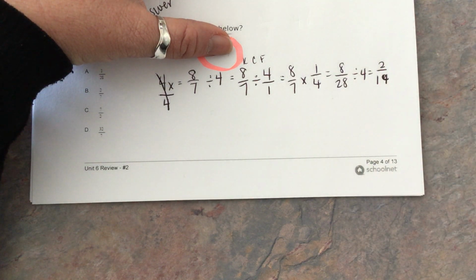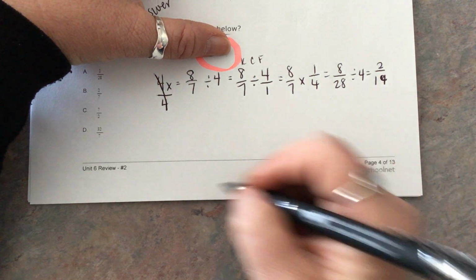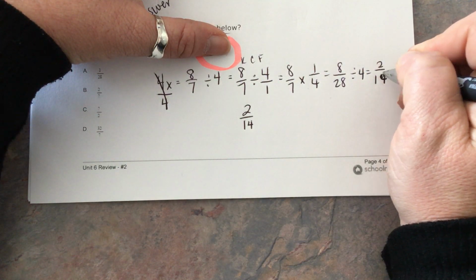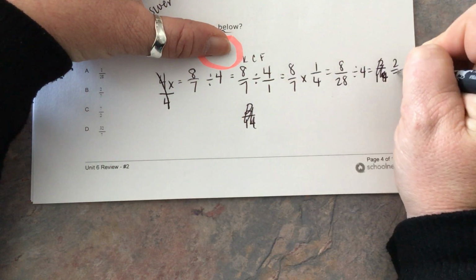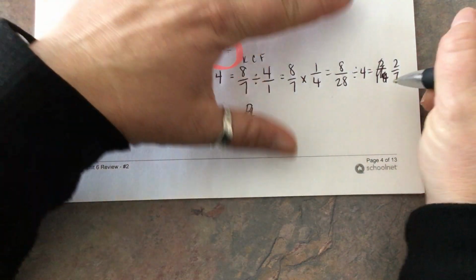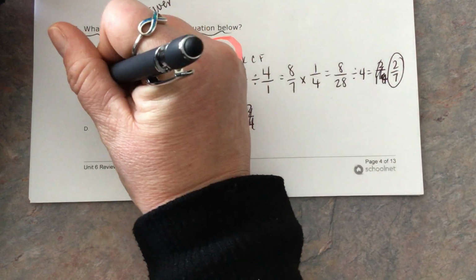Okay, then what? So you have 2/14. Can you simplify again? 28 divided by 4 is 7. Oh, you're right, sorry. That's why I keep y'all around. I told you I got a brain fart. I was about to write 19. So then what do you do? You find your answer. Okay.